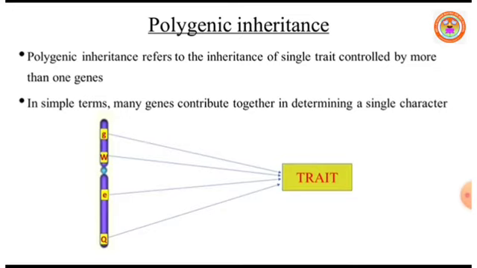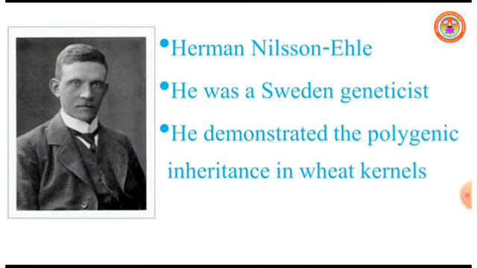The first experiment on polygenic inheritance was demonstrated by the Swedish geneticist H. Nilsson-Ehle in 1909. He studied wheat kernels and demonstrated polygenic inheritance. The kernel color is controlled by two genes, each gene with two alleles.